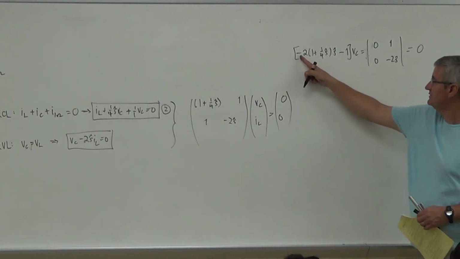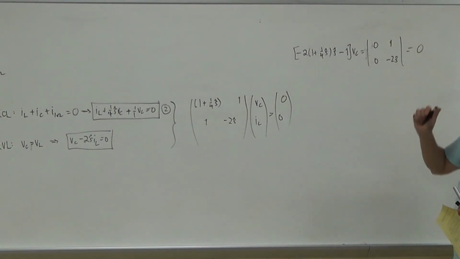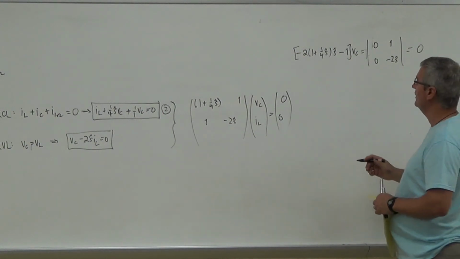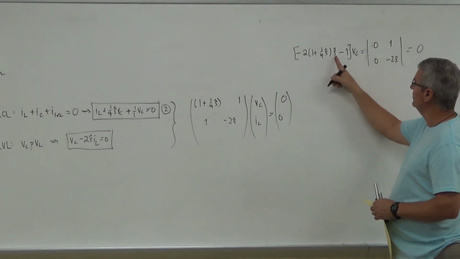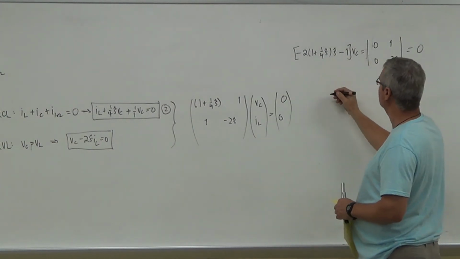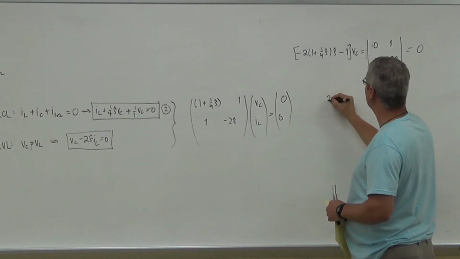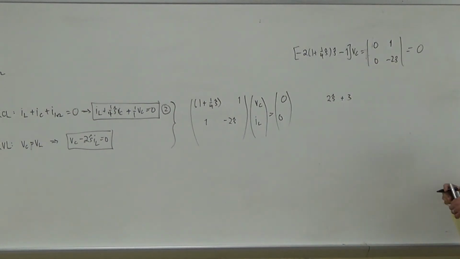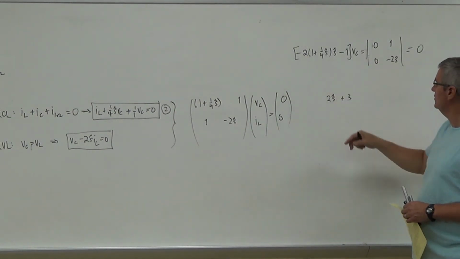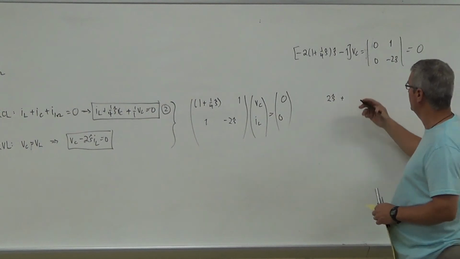See that minus sign, I'm going to get rid of them. If I do that, I'm going to get the following. The first term here, I'm going to get 2S hat plus 3. Is that right? No, plus 1.